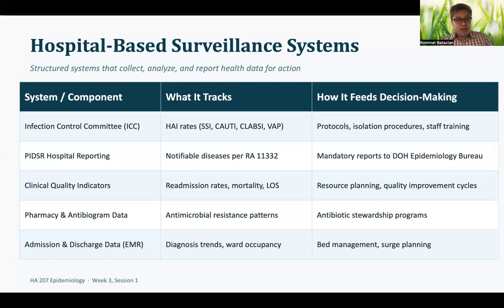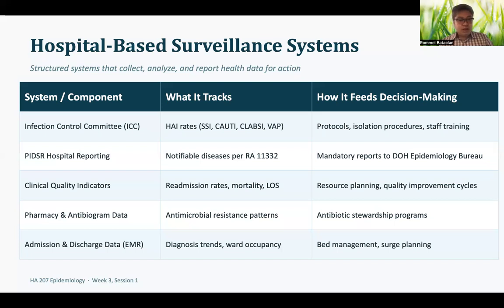And then finally, the electronic medical record. So looking into the admission and discharge data. It's very important that you have a good record system to look into the diagnostic trends, ward occupancy, and other clinical information. This is management data that can help you monitor the patients at that particular moment in your hospital.